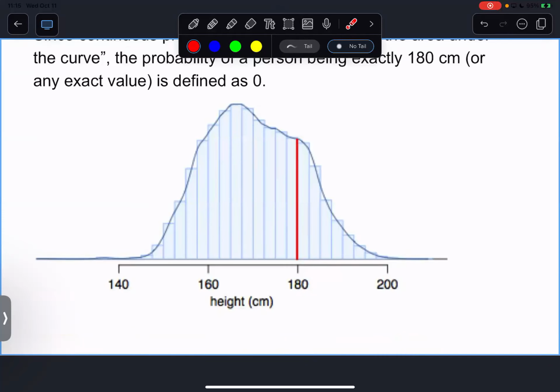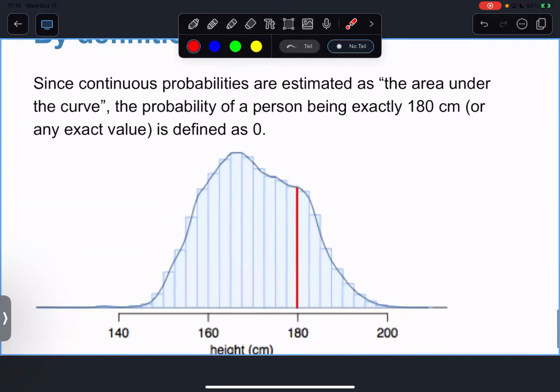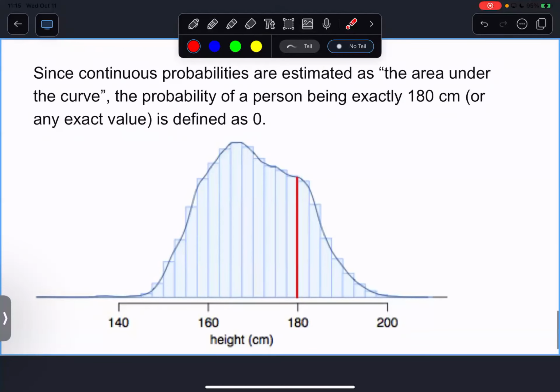And so this is kind of a weird thing to think about, but for every individual outcome, the probability of that happening is 0. They all still happen, but on little increments, little ranges. So that's kind of fun, I think.